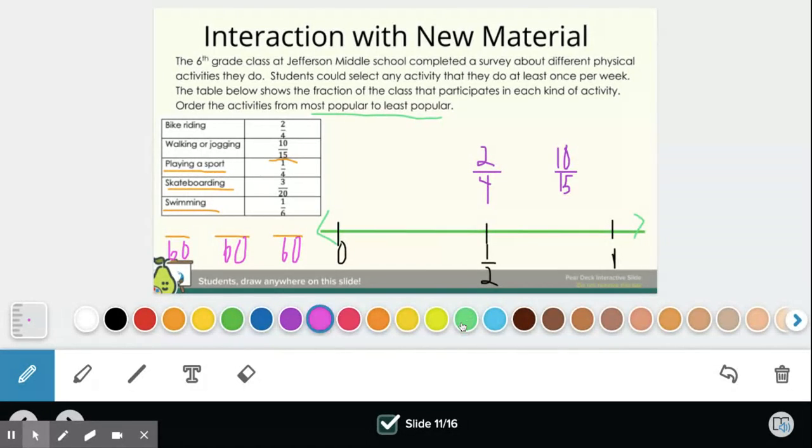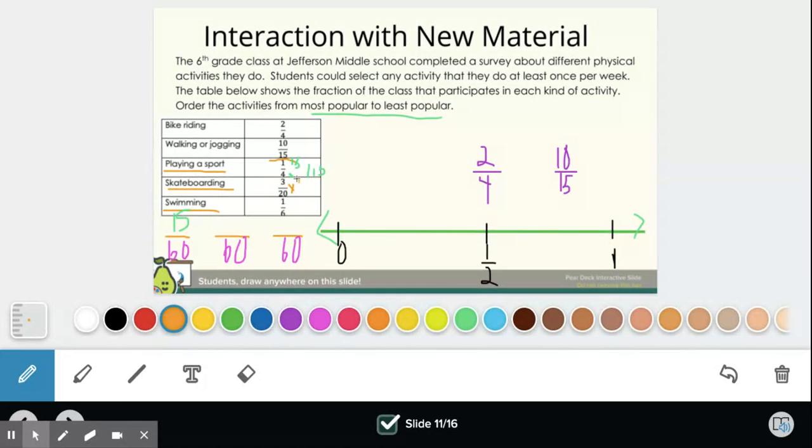Okay, so how many times would I need to multiply 4 to go into 60? That would be 15. So I'm going to be multiplying this fraction right here by 15 over 15. So 4 times 15 is 60, and 15 times 1 is 15. Next, we have 20. So 20 multiplies into 60 3 times.